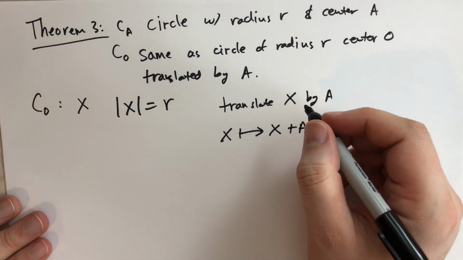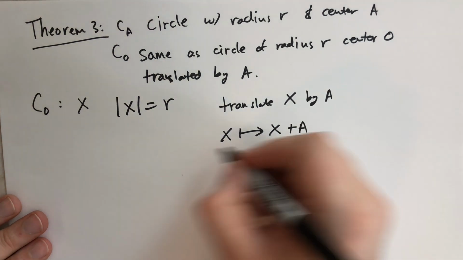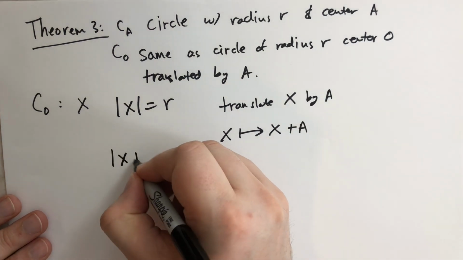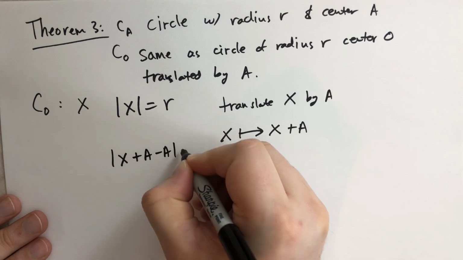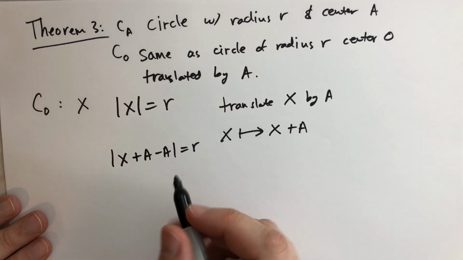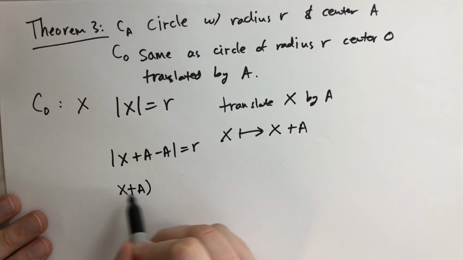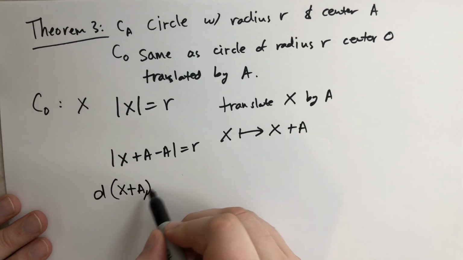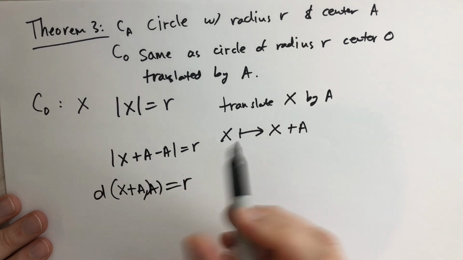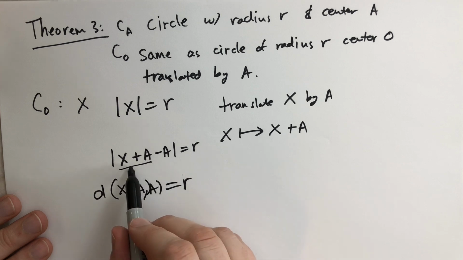Now, this satisfies the condition that the norm of X plus A minus A has to equal the radius r. We see that the distance from the point X plus A to A is also equal to r. That's what that means, right? We look at this as a single point, and we see this point minus that point.